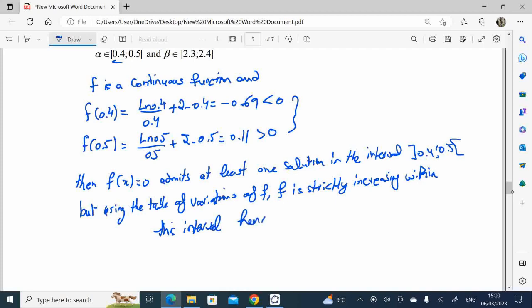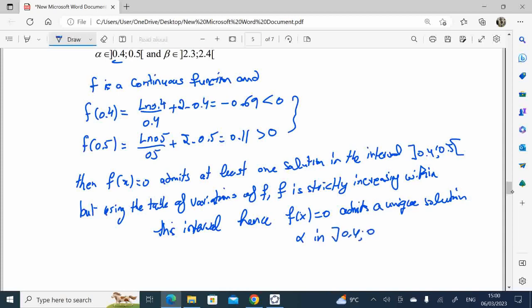Hence, f of x equals 0 admits a unique solution alpha in the interval 0.4, 0.5.